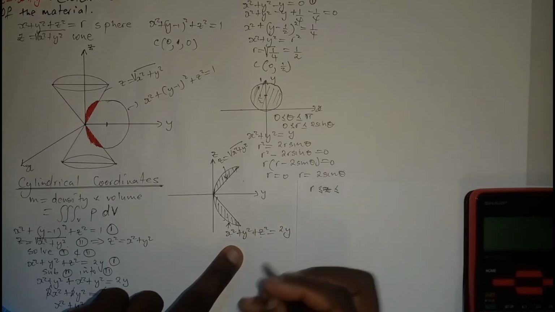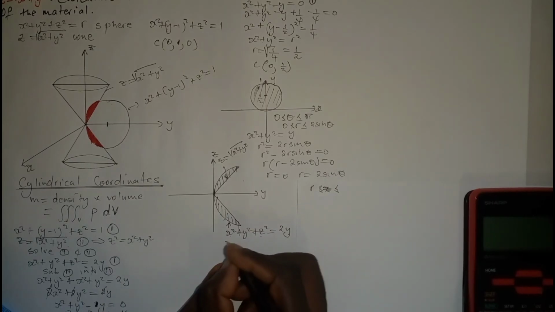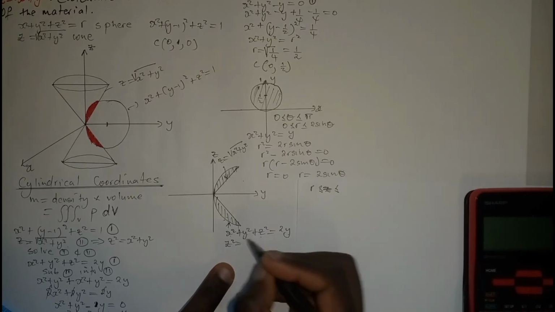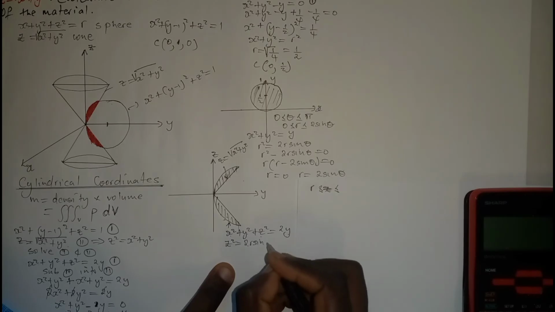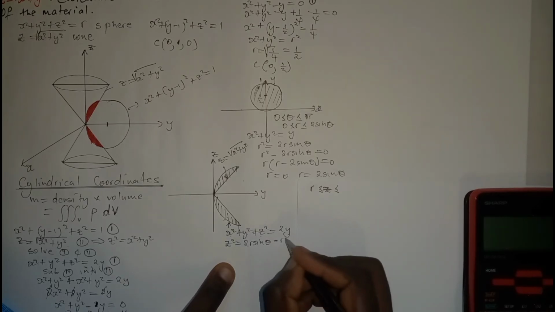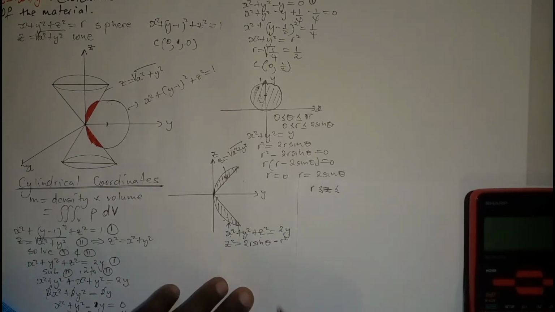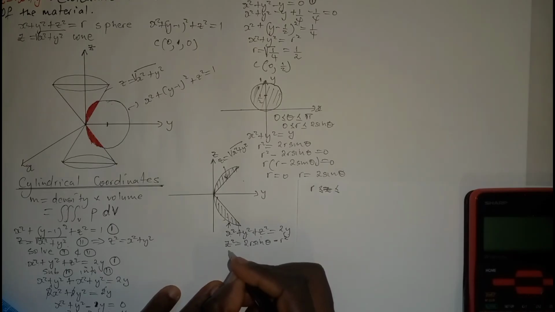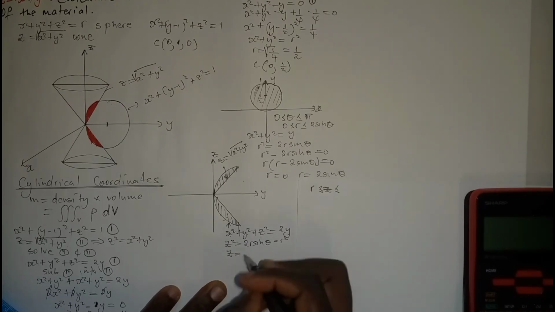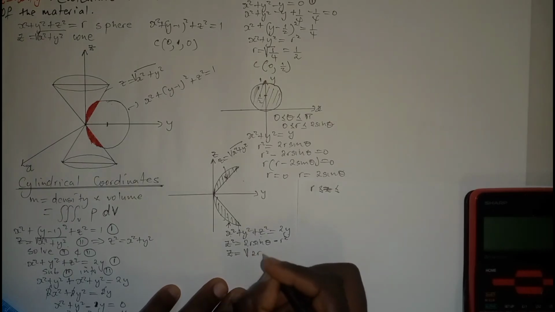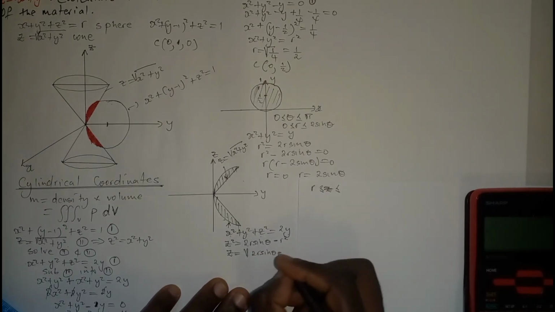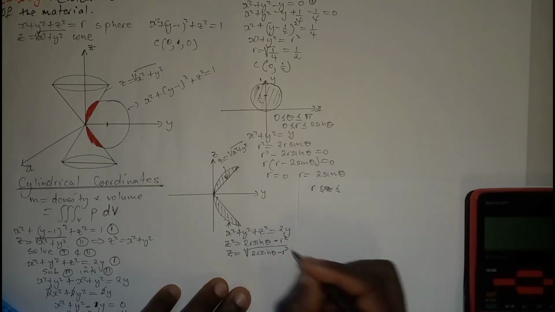Okay? And if we solve for z, you can see that z squared equals, with x squared plus y squared being r squared and y being r sine theta, 2r sine theta minus r squared. And from here, you can see that z will be equal to the square root of 2r sine theta minus r squared.